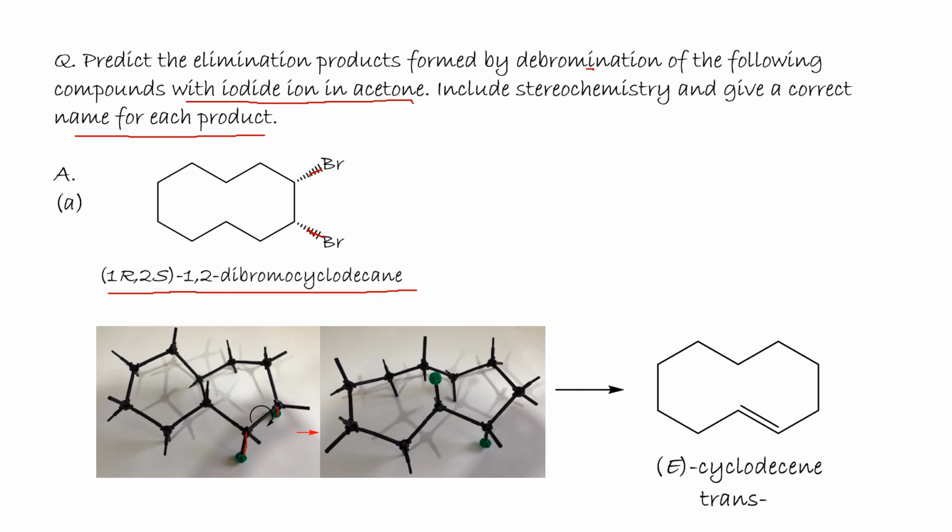For the reaction to take place, you have to have these two Br anticoplanar. The molecule is flexible enough, and we can rotate around this carbon bond to get the Br up and keep this one down. In that position, the E2 elimination of IBr and sodium bromide can take place.